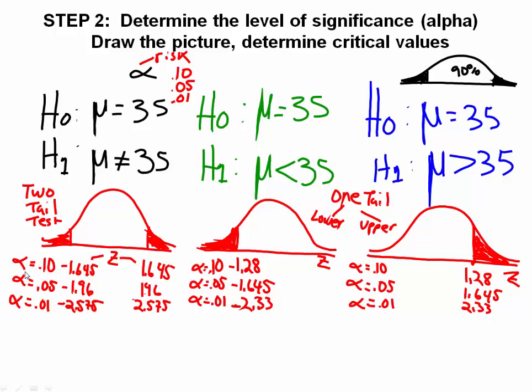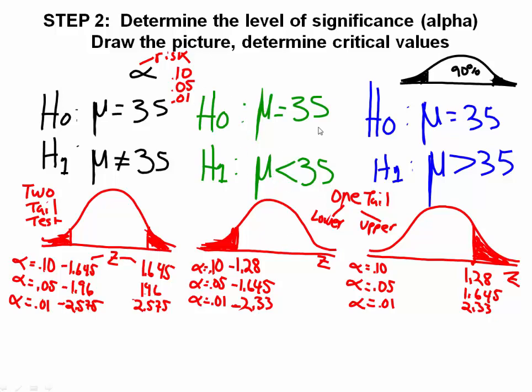So for an alpha of 0.10, our critical values are negative 1.645 and positive 1.645. With an alpha of 0.05 or 5%, our critical values are negative 1.96 and 1.96. And additionally, with a 99% confidence level, leaving us an alpha of 0.01, we have negative 2.575 and 2.575 as our critical values.